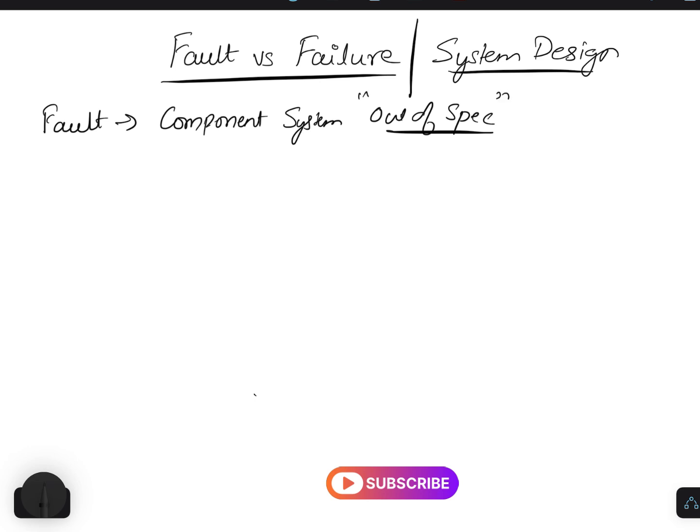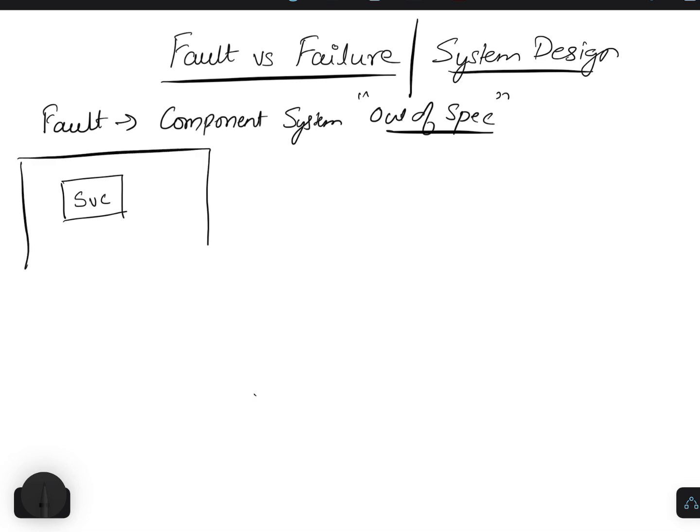When a particular component goes out of spec, for example, I can take a particular service within a system. There is a large system out there, and this is a small service within it, and it does some sort of processing and gives out some results. Let's assume the throughput of this service is 1,000 requests per second.